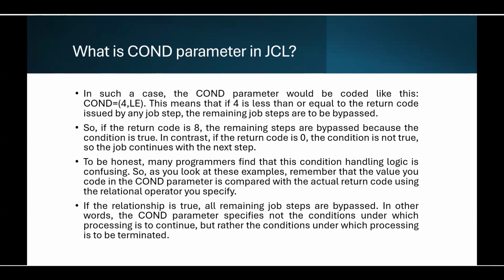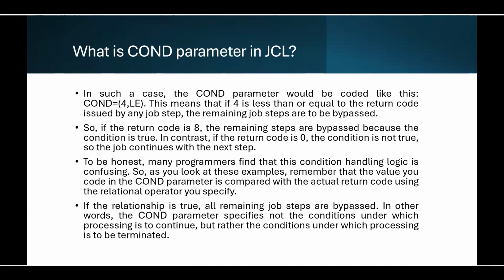So how do you write that particular condition in your JCL? In this case, the condition parameter will be COND=(4,LE). That means if 4 is less than or equal to the return code issued by any job step, the remaining job steps are to be bypassed.